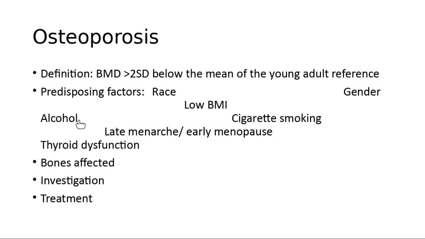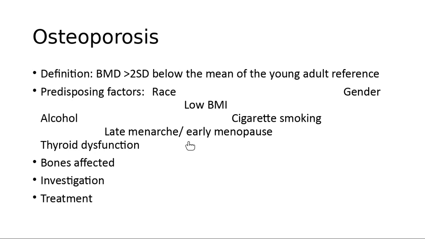If you drink a lot, or smoke, you are more likely to have osteoporosis. And if you have a late menarche, where the onset of your periods starts late, and menopause starts early, you're more likely to develop osteoporosis. And of course, thyroid dysfunction can also give rise to osteoporosis.